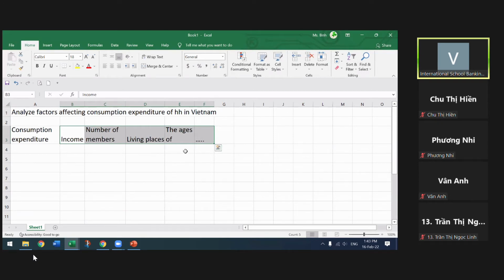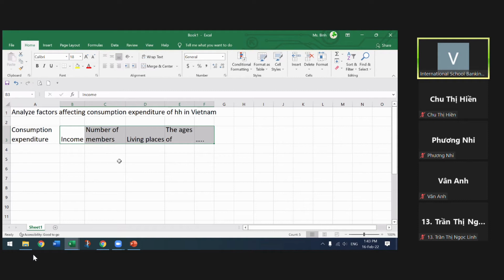Normally you need to read the theory. That means you need to review the literature on these topics.